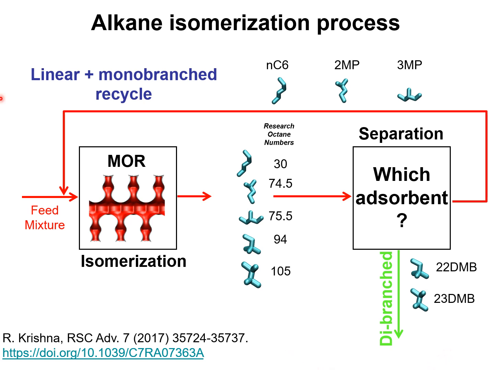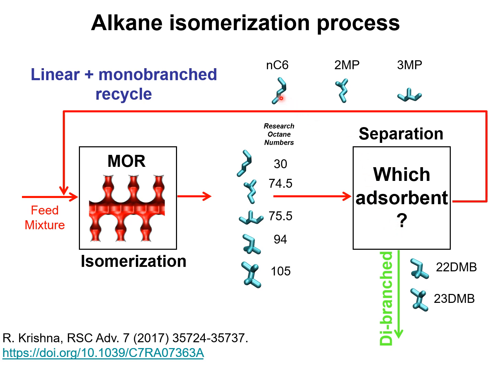For incorporation into the gasoline pool, the di-branched isomers 2,2-DMB and 2,3-DMB are the preferred components. And typically, in an alkane isomerization process for octane enhancement, the feed mixture is isomerized using a mordenite catalyst to produce a mixture of the hexane isomers that has to be separated into two fractions.